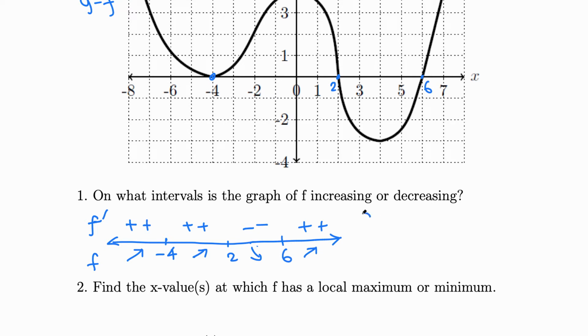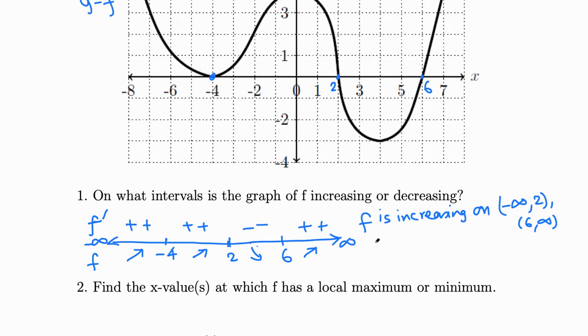We want to write f is increasing on negative infinity through 2, you can go from negative infinity through -4 and -4 to 2, or all the way negative infinity through 2, and 6 through infinity.